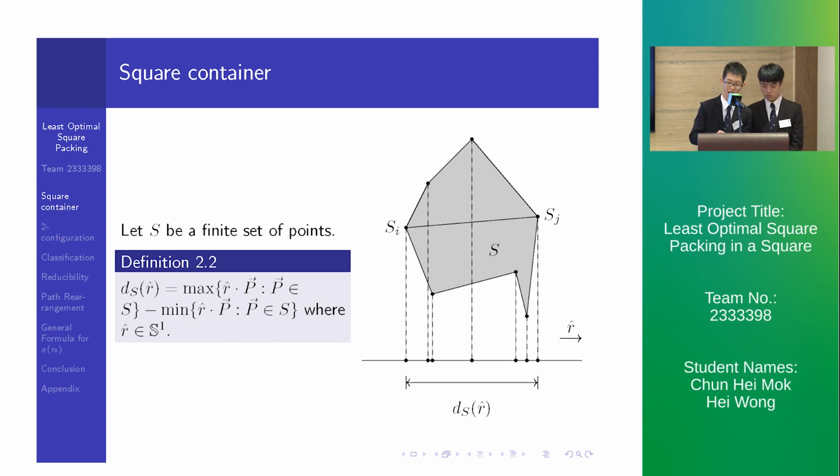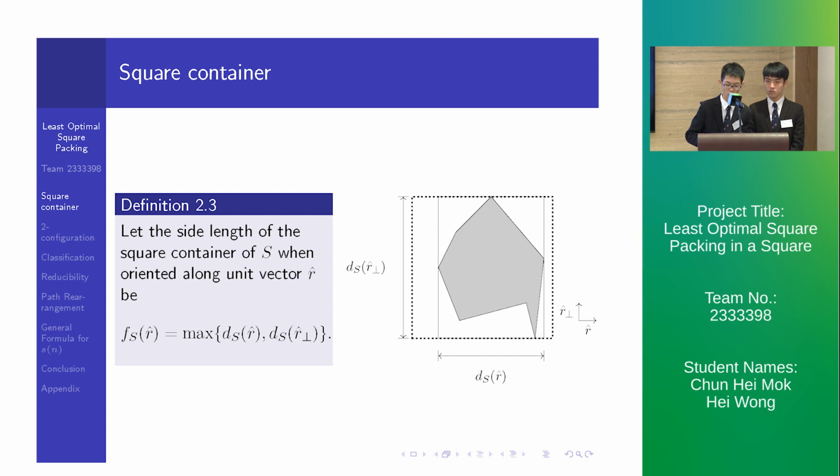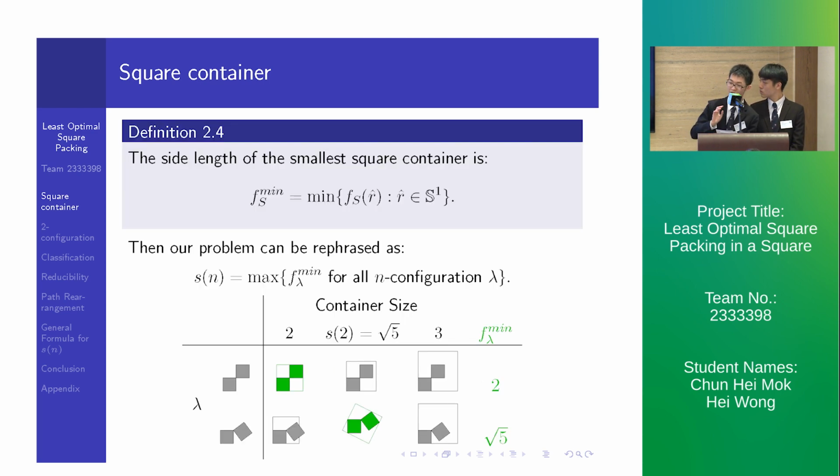This allows us to define F_S(R), the size of the square container of S oriented along a direction R, as the maximum of the two side lengths of the bounding rectangle, d_S(R) and d_S(R perp), where R perp is the vector perpendicular to R. We can define F_min, the size of the smallest square container, to be the minimum of F_S across all orientations R. Then we can rephrase our problem as finding the maximum size of the smallest square container, F(lambda)_min, for all n configurations lambda, shown here in green.